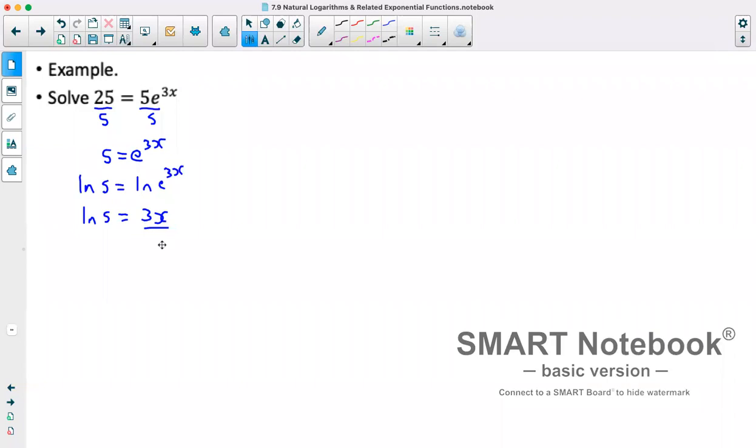At this point, to get x on its own, divide both sides by 3. So we have the natural logarithm of 5 divided by 3 gives us x. And that gives us 0.536 is equal to x.